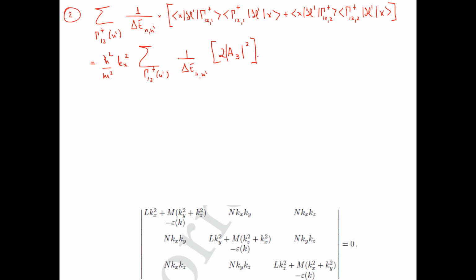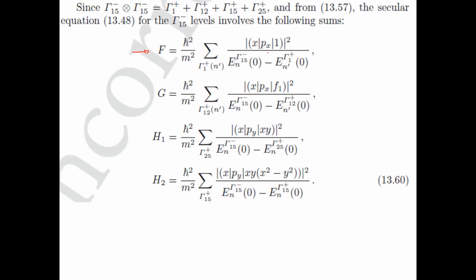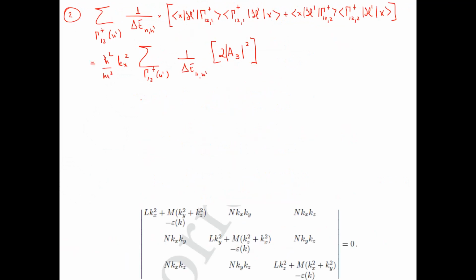And this is precisely what I call G here. Actually, this is two times G, right? You can compare with this expression, and in the end, this is 2G kx square. Okay?